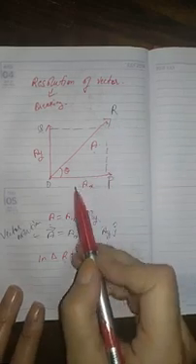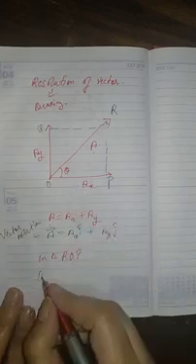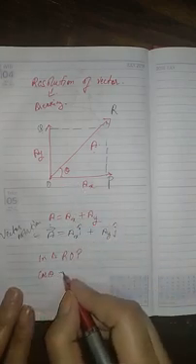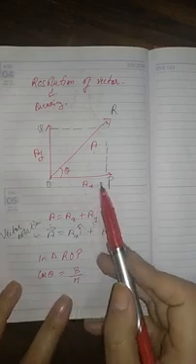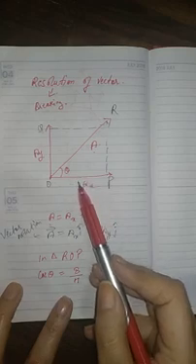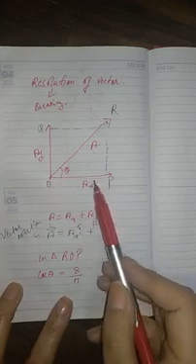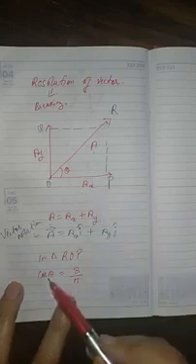Any side attached with the base, we first find cos theta, because cos theta is base by hypotenuse. This is a simple logic. We want to find ax, which is the base side, so we write cos theta.